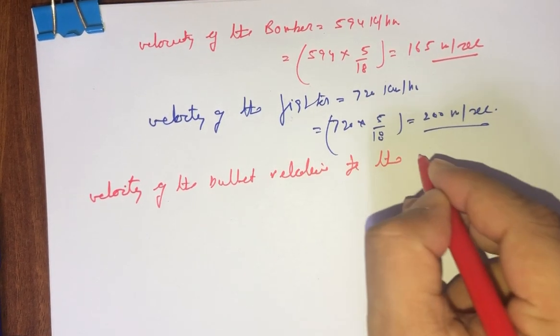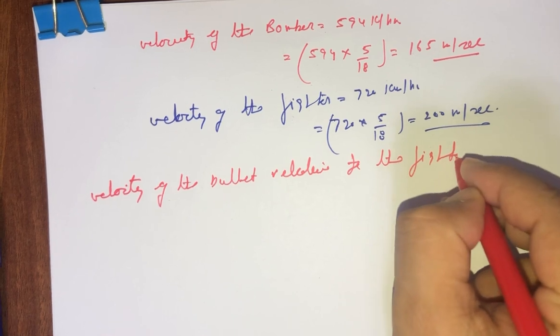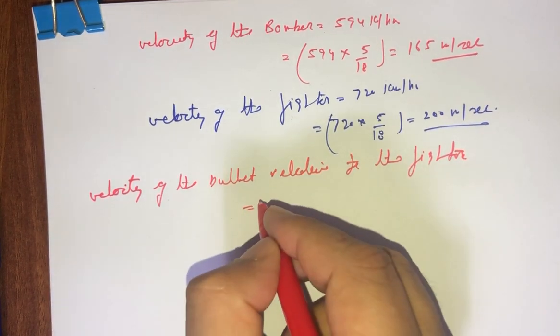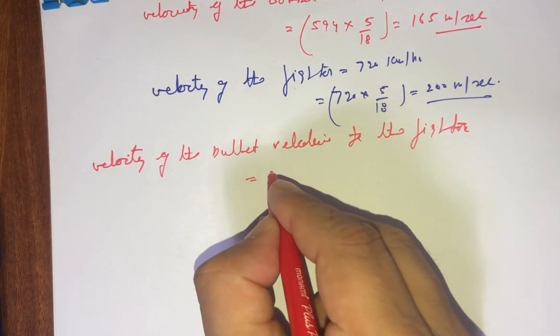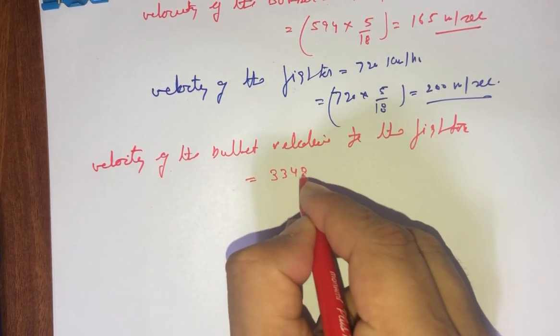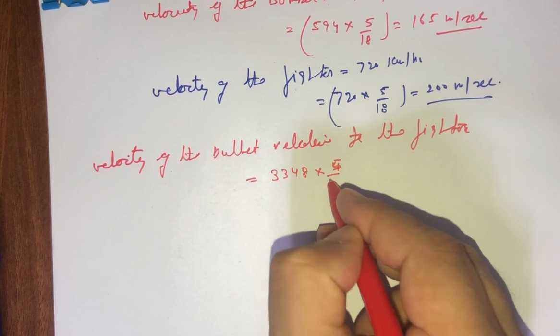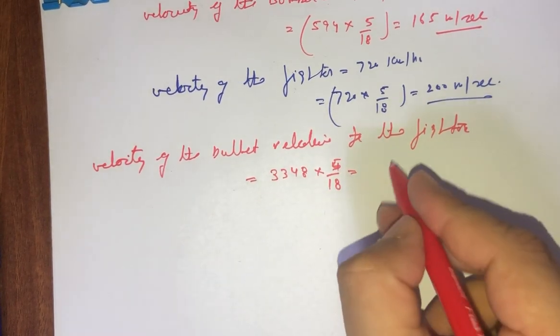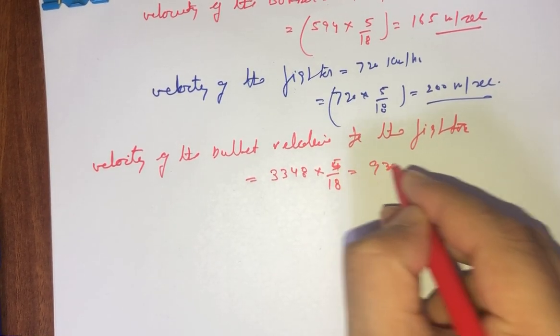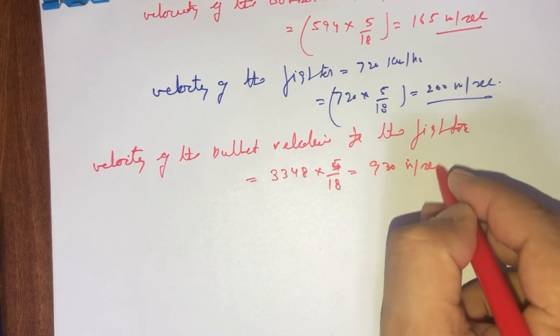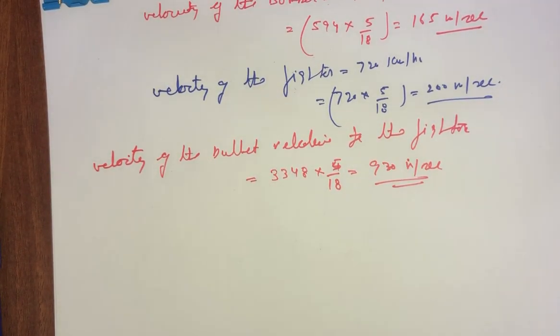This will be coming as 3348 into 5/18, and this will be coming as 930 meter per second. So we have converted everything into meter per second.